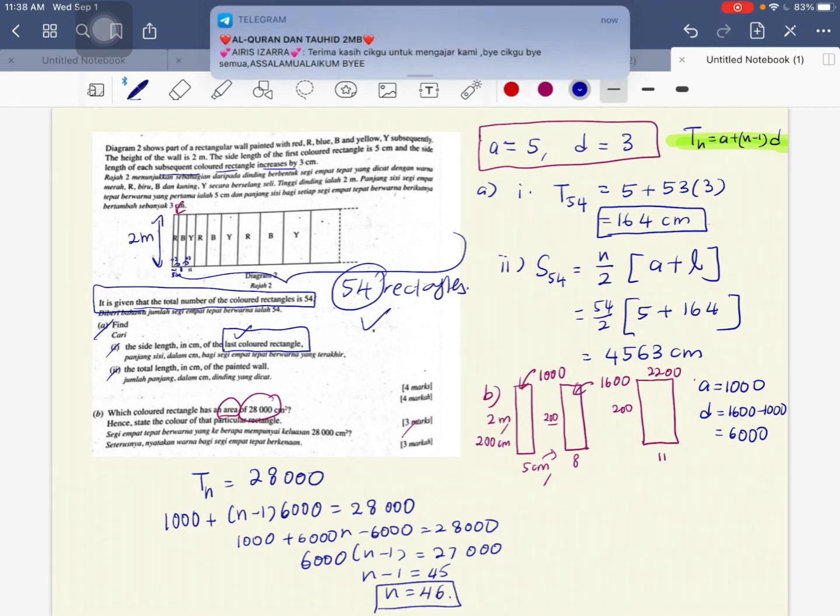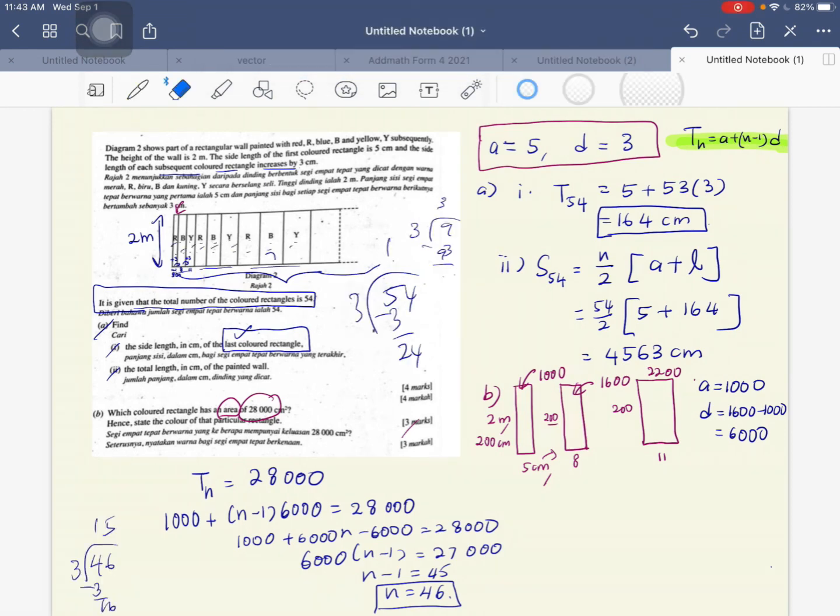So the number of the rectangle is 46. How do we know what color it is? What we do is we divide 46 by 3.